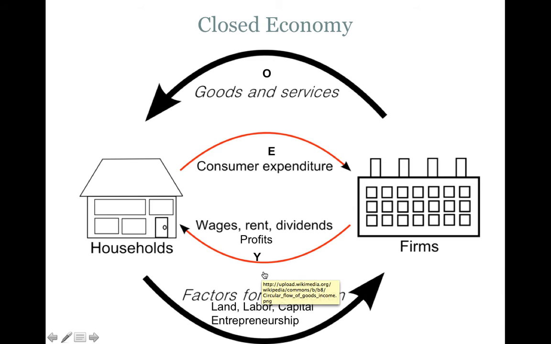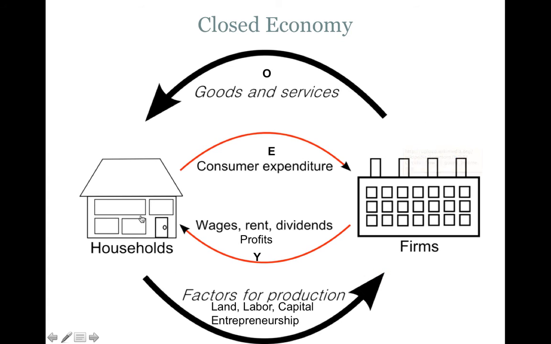Each one of these factors of production has a corresponding payment or income. For example, for labor, the payment is wages. Land is rent. Capital is dividends or interest. And finally, entrepreneurship, profits. So for those factors of production we give to the firms, firms give us something back.